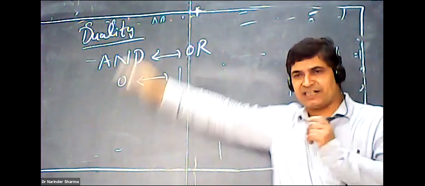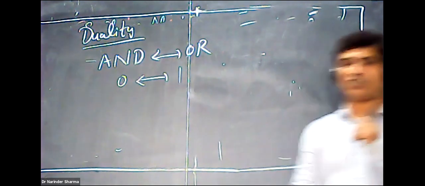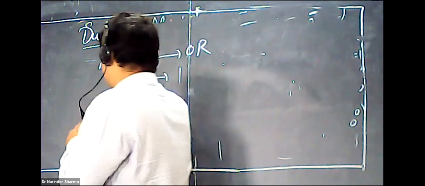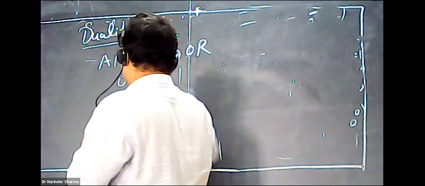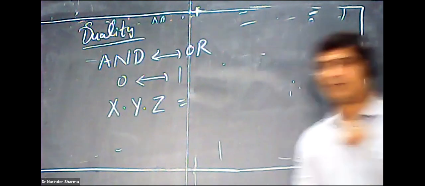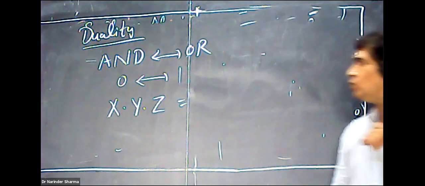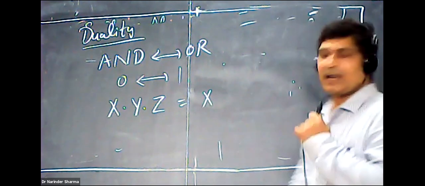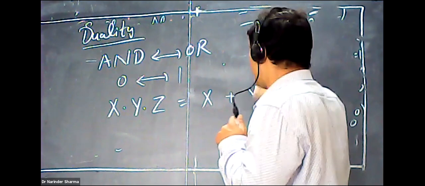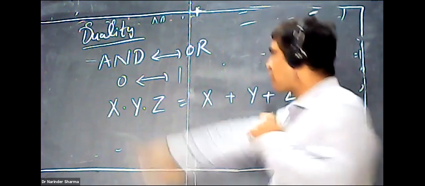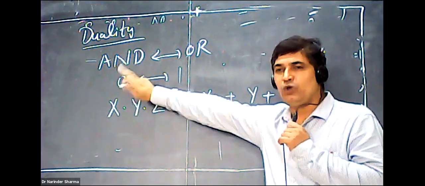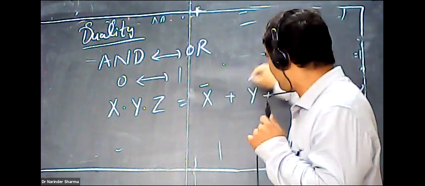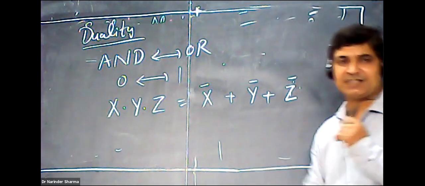AND and OR are interchangeable, zeros and ones are interchangeable. For example, if I write x into y into z, this is AND, here it should be OR. That would be x plus y plus z. Because we have to convert from low logic to high, or high logic to low, vice versa, we have to take its complement.